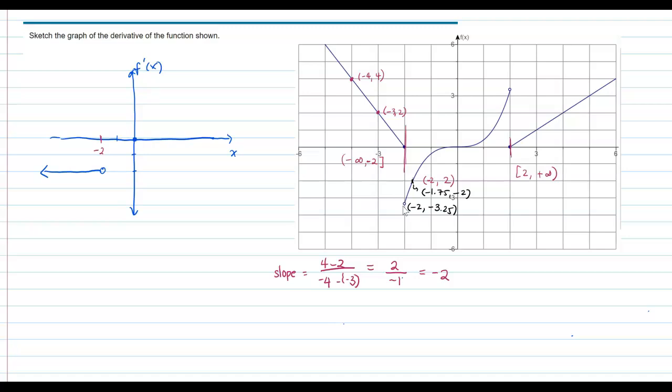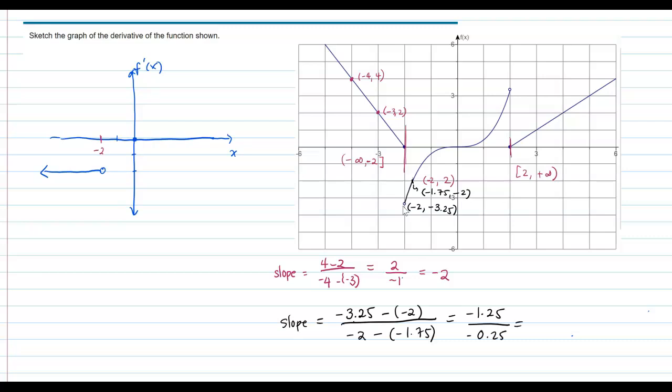And so we get the slope of that line, here the black one. It is equal to the change in y, so that's negative 3.25 minus negative 2, over the change in x, negative 2 minus negative 1.75. And this is equal to negative 1.25 in the numerator, and in the denominator it is negative 0.25.